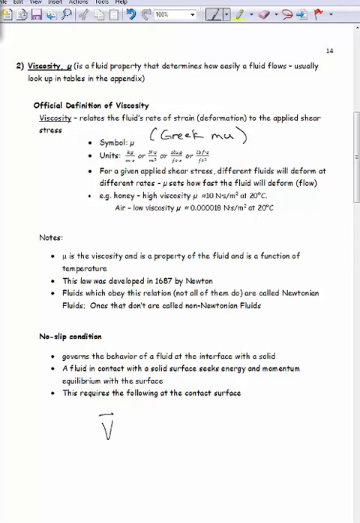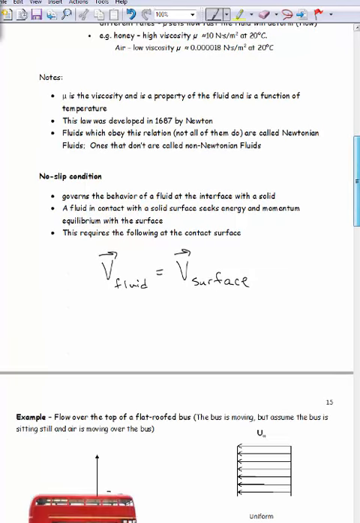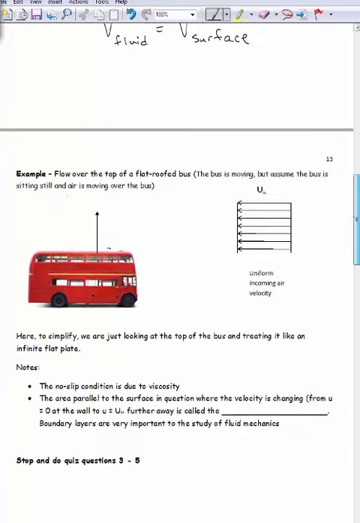So V fluid equals V surface, right at that surface. So in our equation where y equals 0, if y is at the wall, then the fluid has to be moving the same velocity as that surface. That's the no-slip condition, very important.